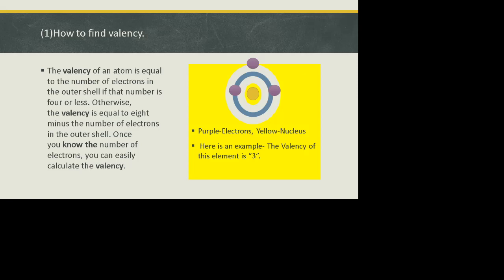In the same way you can see here, the purple color represents the electrons and the yellow is the nucleus. So here is an example. The valency of this element is 3. Sorry, wrong.